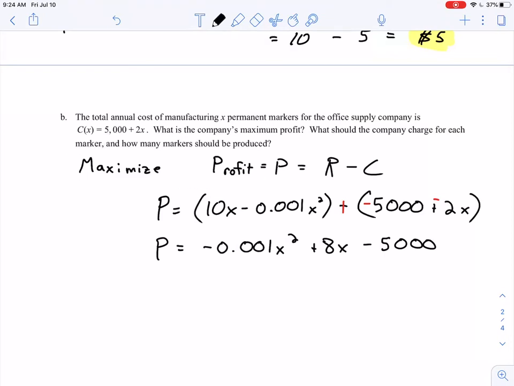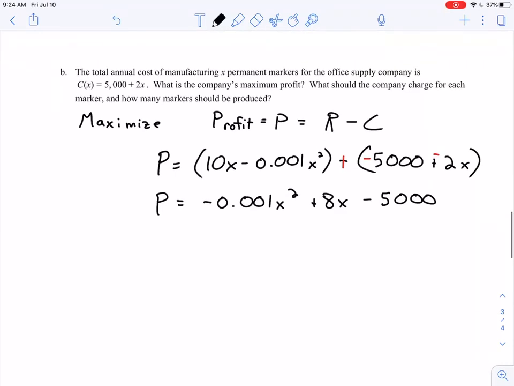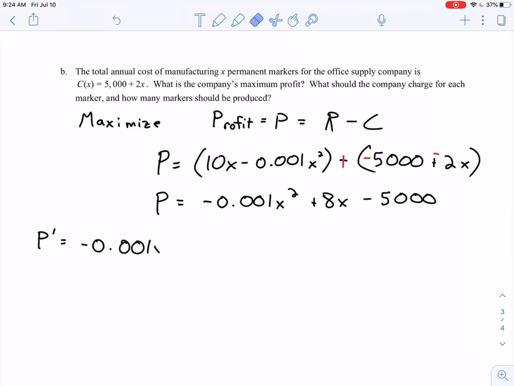So it would really help if I had the critical numbers of this function. So I'm going to take P, let's find our derivative, P prime, which is negative 0.002x plus 8. Whoops, I forgot to take the derivative of the squared term at first, didn't I?